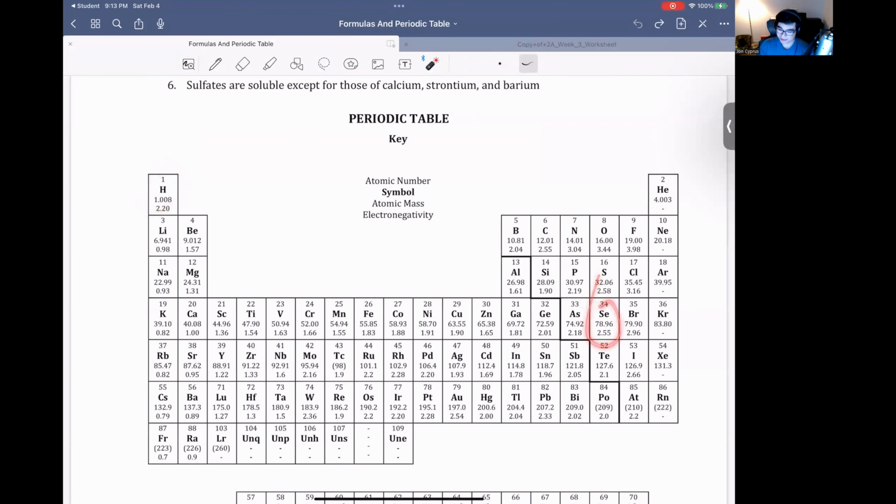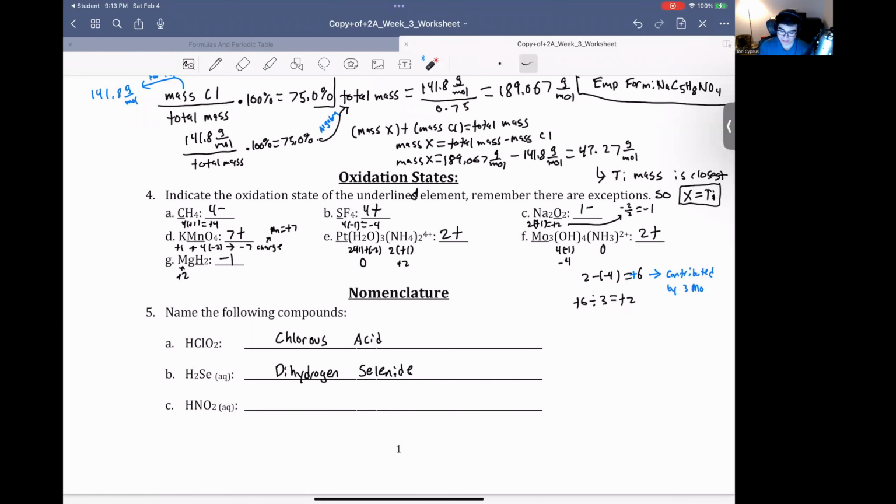I know hydrogen's in the metal section, the alkali metals, but it's a nonmetal. Everything below it is a metal though. So we have dihydrogen selenide. Now we have HNO2. This is going to be nitrous acid. NO2 is nitrite, but we have that H in the beginning, so this is going to be nitrous acid.